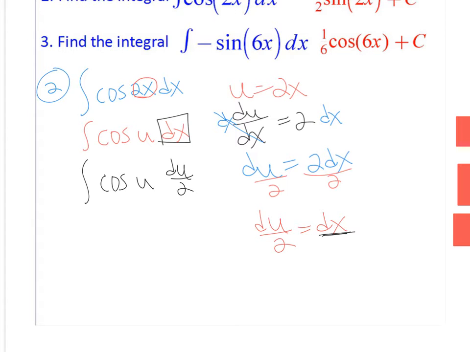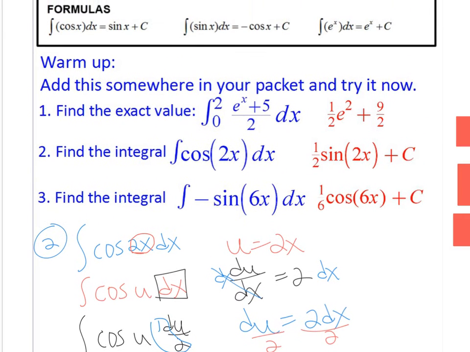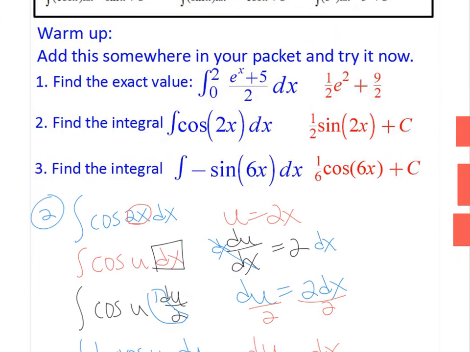Before I do the antiderivative, I'm going to take my coefficient here of this 1/2, put that in the front. And now for the antiderivative, the coefficient carries down. The antiderivative of cosine is sine.